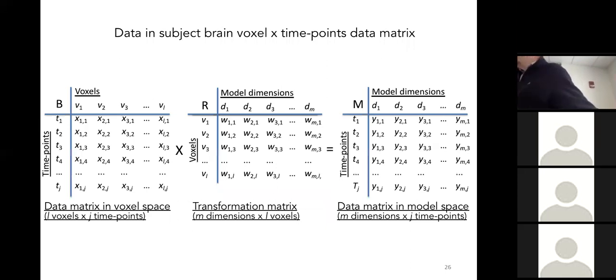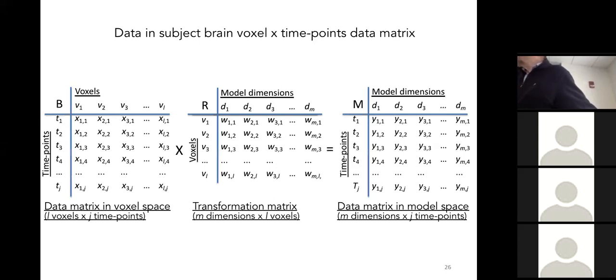The transformation, which is what we derive, has the model dimensions, so the coordinate axes for the model space as columns, and cortical vertices, so the anatomical coordinate space, as rows. And these are the weights we're estimating with the Procrustes with hyperalignment.